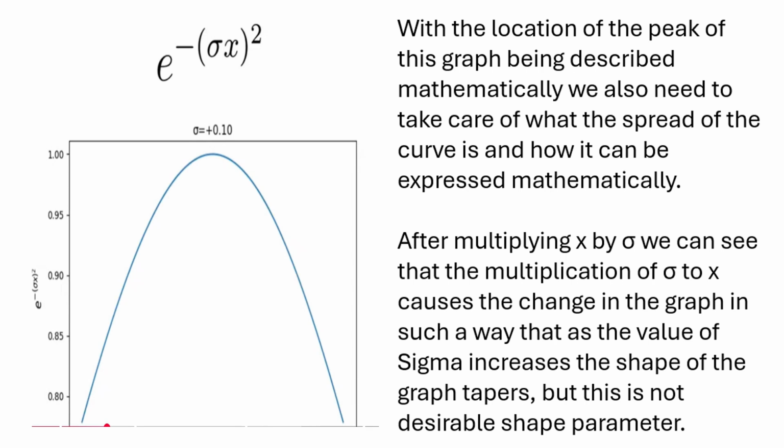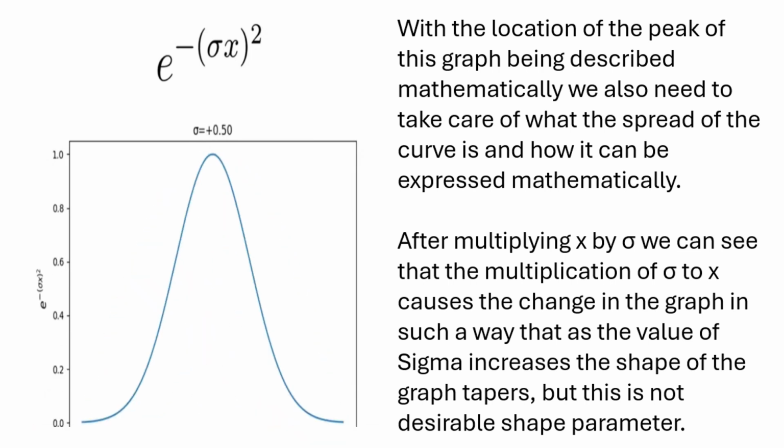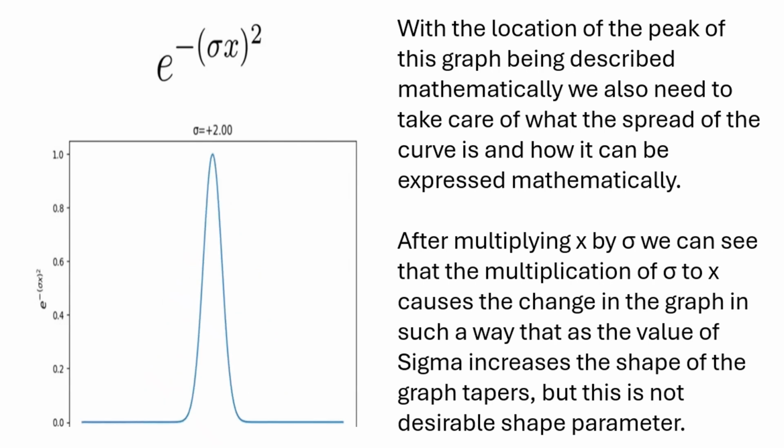Let us see the shape of the graph we obtain. Here, as can be seen, as the value of sigma increases, this bell-shaped curve tapers. The two ends of this curve come closer and closer to each other.